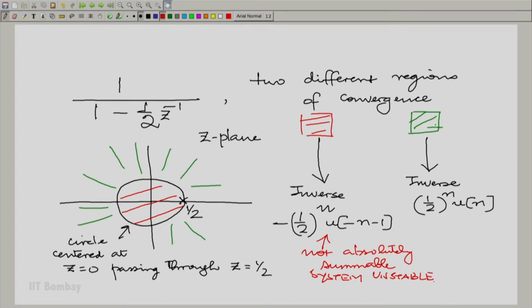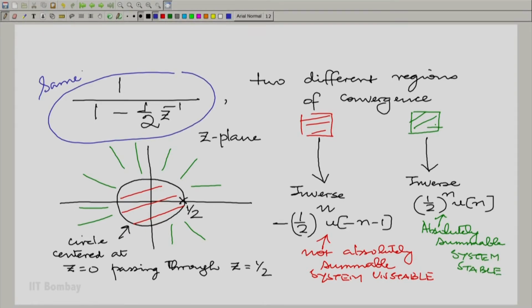If this were to be the region of convergence for the system function, this would not be stable. In contrast, this is absolutely summable and the system would be stable. So, essentially, we have the same expression, but the region of convergence makes it stable or unstable. So, this substantiates our argument that it is the region of convergence which determines stability or instability. The expression, of course, has an indirect role.